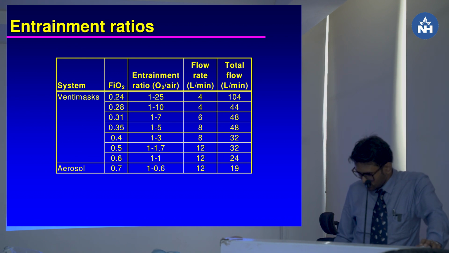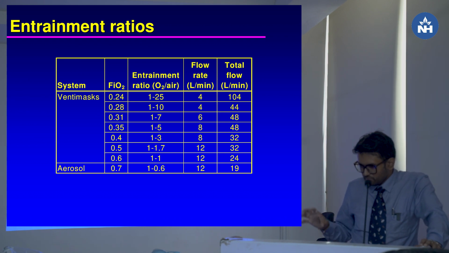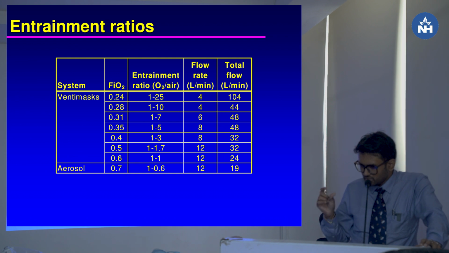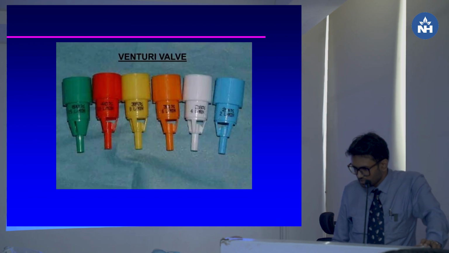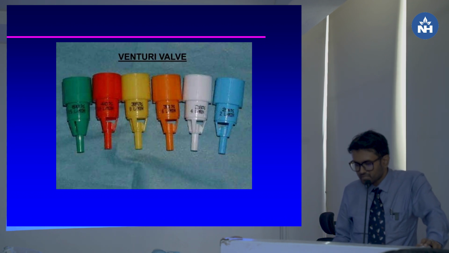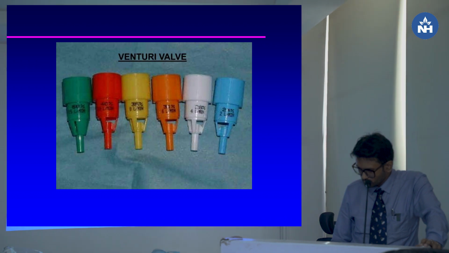So if we give 4 liters of oxygen, then the total flow would be 100. It means that per minute the rest of the amount should be from the air. So for more FiO2, accordingly, as per the different types of Venturi mask and the color code mentioned with the target, we have to give that much oxygen flow to get the targeted FiO2.